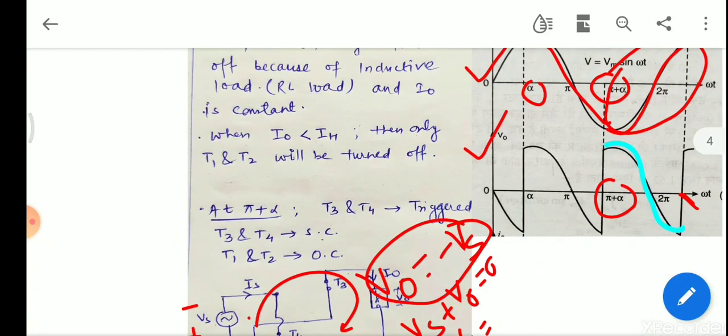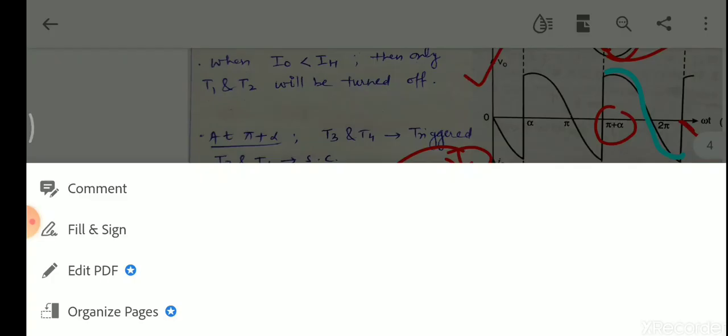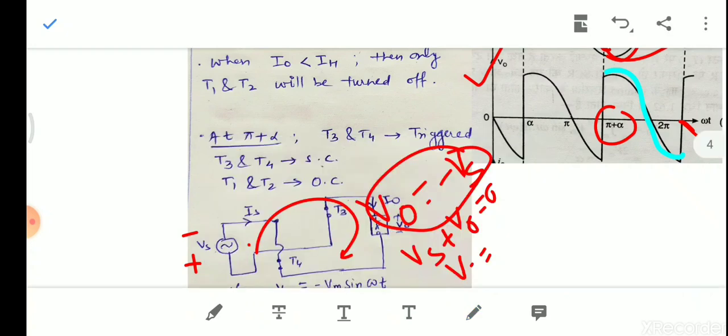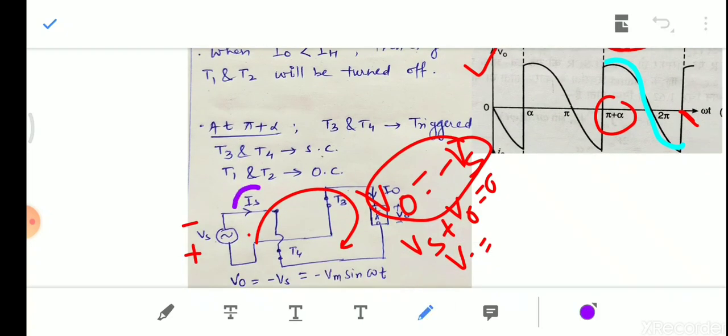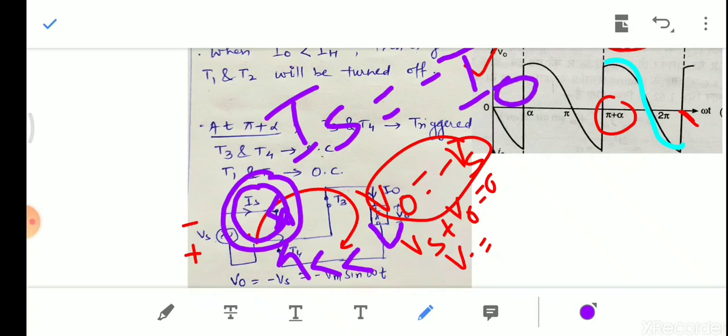But from pi plus alpha to 2 pi plus alpha, what will happen? This is Is, and this is I naught. I naught is flowing here, here, here. This means Is will be equal to minus of I naught.